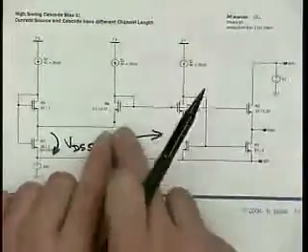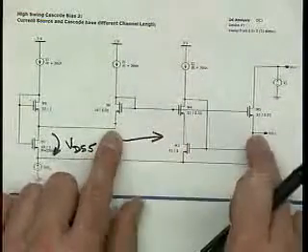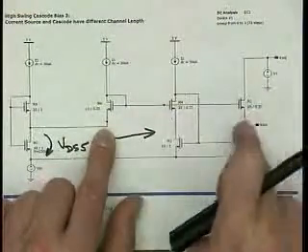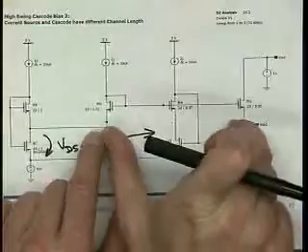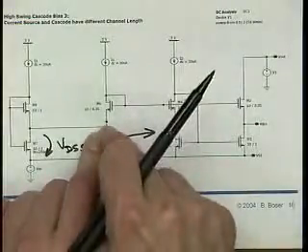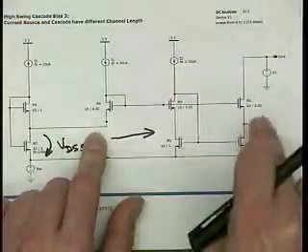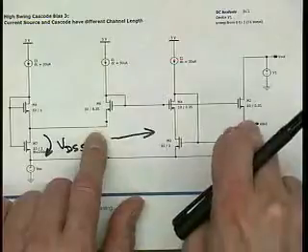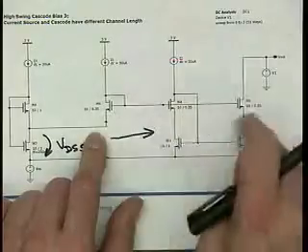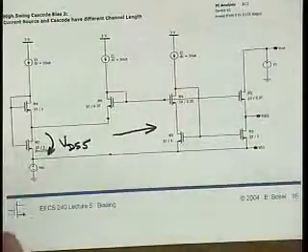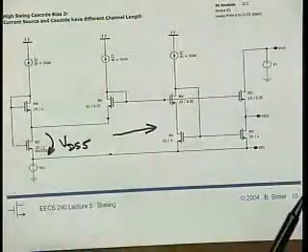Then we rely on this cascode arrangement to simply copy the voltage at this source over to the voltage at that source, again because the transistors are the same size and the currents are the same, so nothing else can happen.